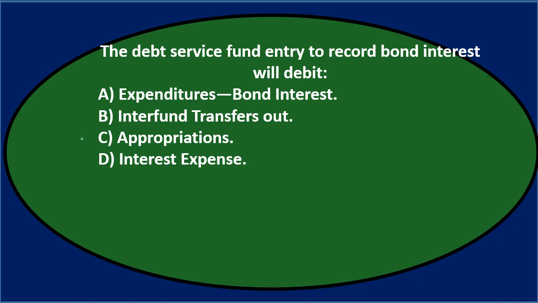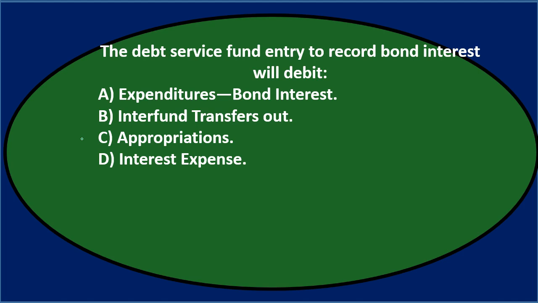So once again, we want to think about the two sides, the two halves. The entity as a whole, which is the government-wide activities, normal accrual basis, is where we would more expect interest to be recorded. And then we have the fund side of things, mainly governmental funds on modified accrual, which might look a little bit more unusual.